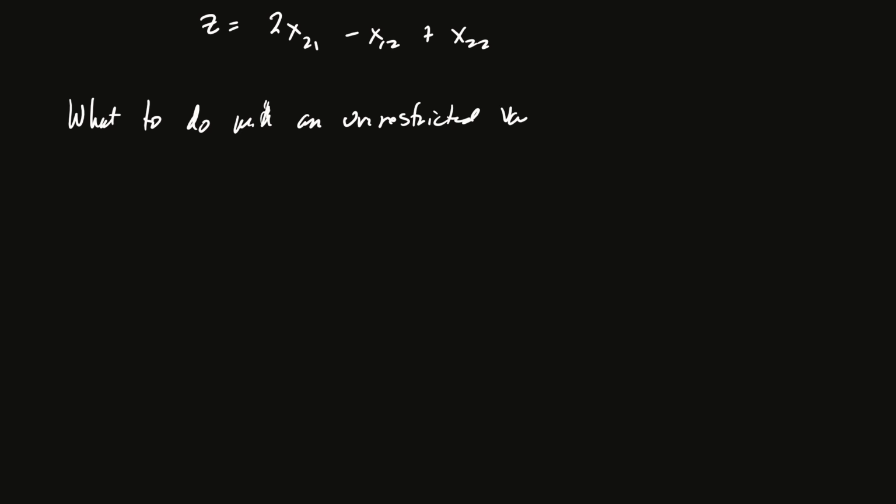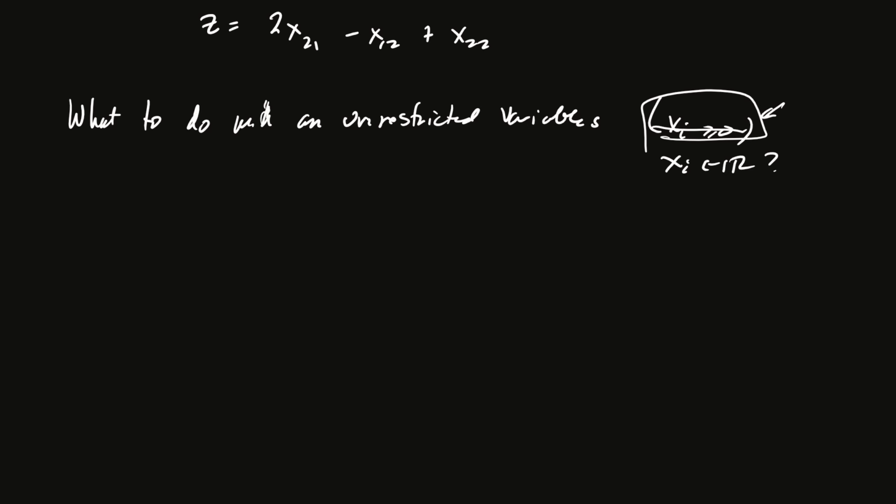Because notice in our LPs up to this point, our xi's have always been greater than or equal to 0. And we want to say, well, what happens if xi is just a real number? Can I substitute something so that the variable becomes greater than or equal to 0 again? The reason we're doing this, by the way, is because for our theory, we're going to want to have all of our variables to be greater than or equal to 0. It makes the theory a little bit easier to work with.